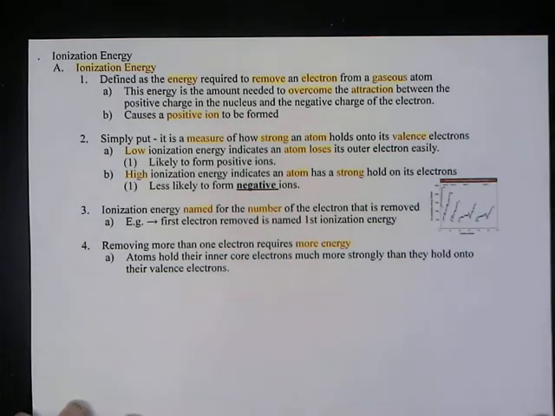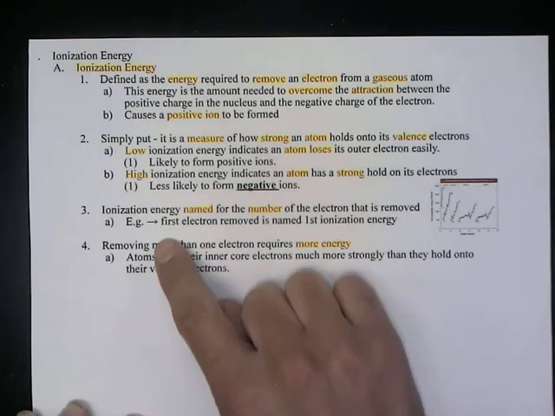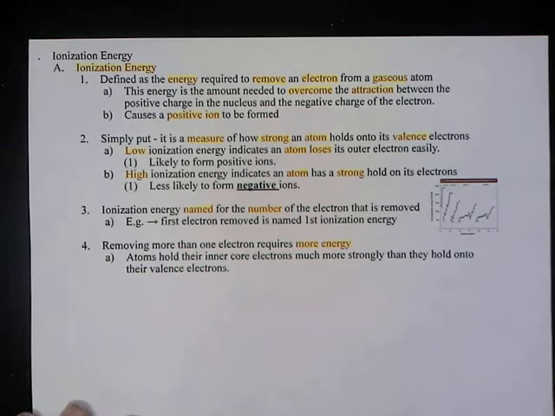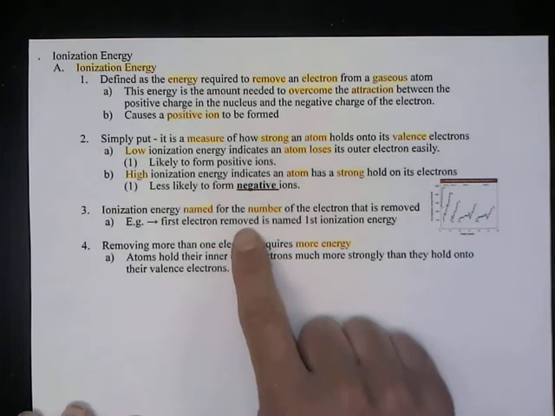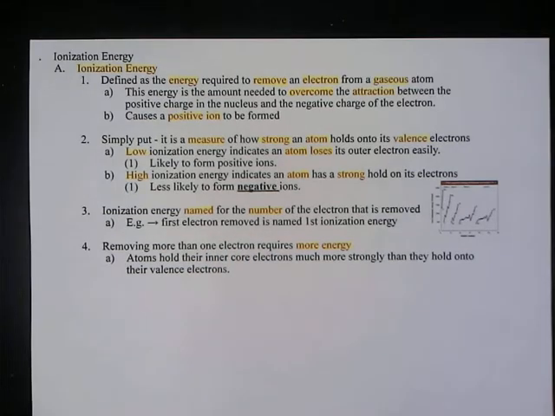Okay? Now, with ionization energy, we can have multiple per atom. What this statement is saying is that it's named for the number of electrons that have been removed. The first electron removed from an atom is going to be the first ionization energy. If we remove a second electron, it is considered the second ionization energy.